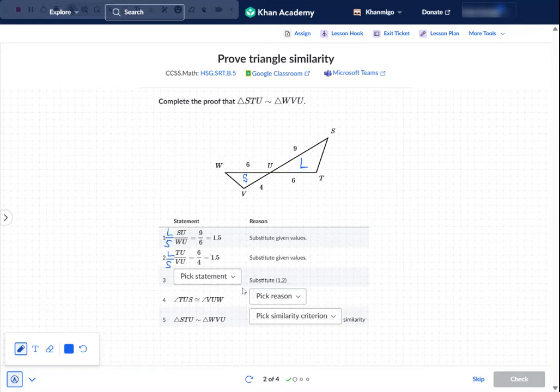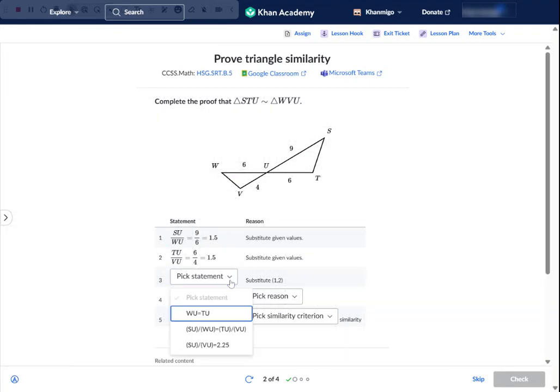Cool. Next, pick a statement, and the reason is to substitute 1, 2. Okay, let's try to figure out what's going on there. Substitute 1, 2. Okay, so let's see. WU equals TU. No, that does not fit. We're talking about similarity, so there shouldn't be anything that's equal. No side length should be congruent.